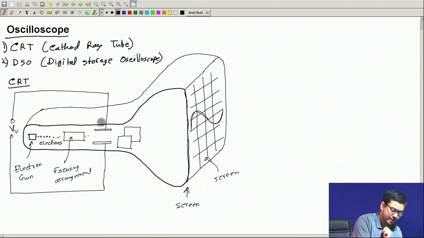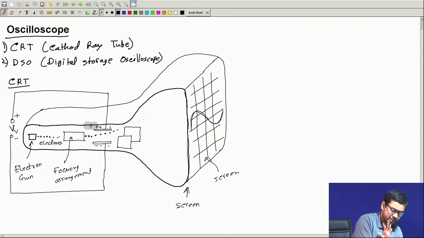What will happen if you apply some voltage here, and say this side is positive, this side is negative, then this plate is positive and this plate is at negative potential. Now, when the electrons are flowing through the gap between these two plates, they will get attracted towards the positive plate, which is the top plate, and therefore, the electron will take a diversion.